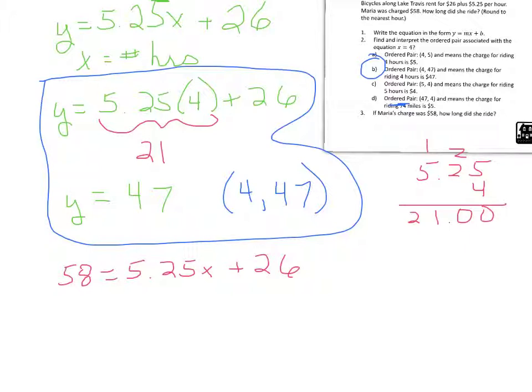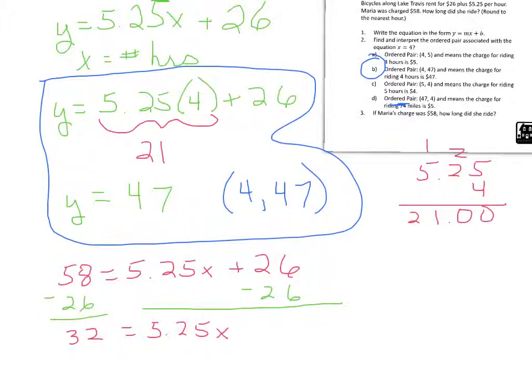So let's go ahead and get x all by itself on the right side of the equation by subtracting 26. And we get 58 minus 26 is 32 equals 5.25x.